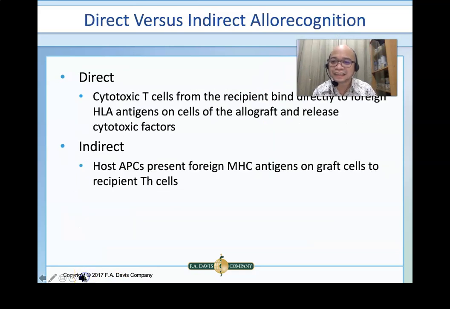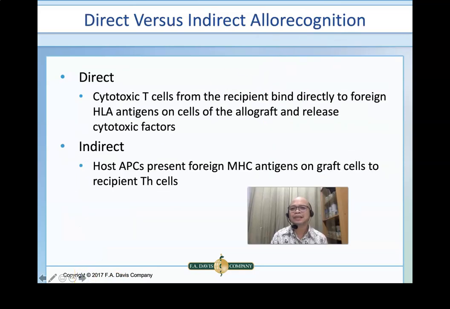Okay, so moving further, there are two types of allorecognition: direct allorecognition and indirect allorecognition. So what does it mean? Since organs that will be transferred into our body may not be of the same haplotype, for example in cases of homograft, that particular organ may be considered non-self by our immune system.